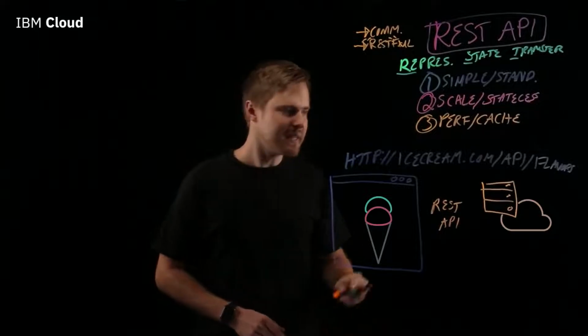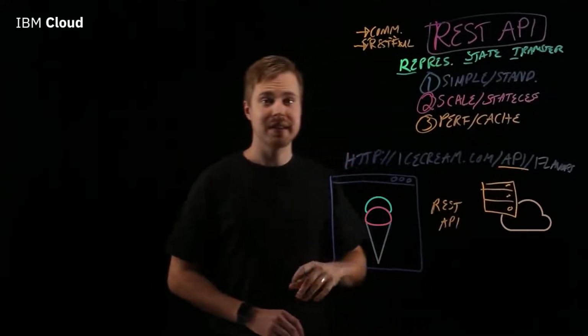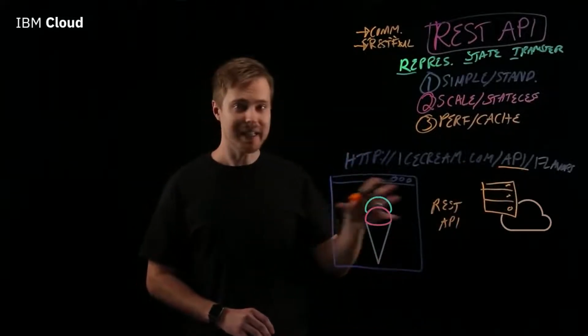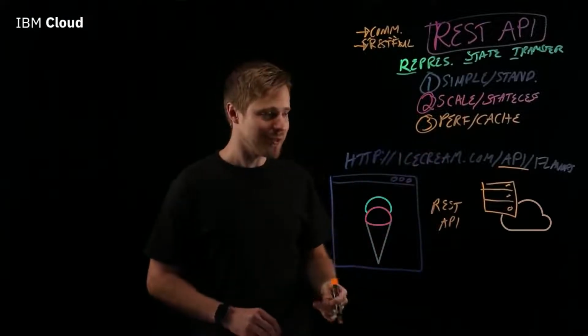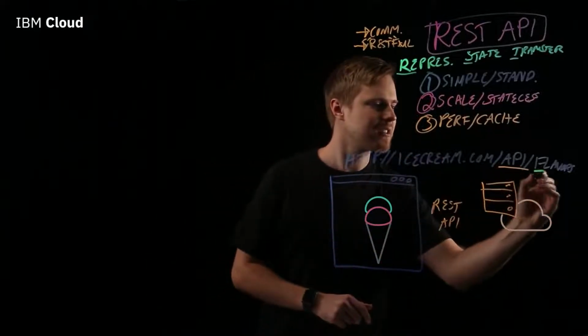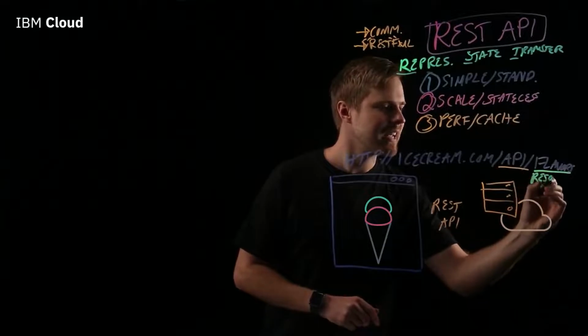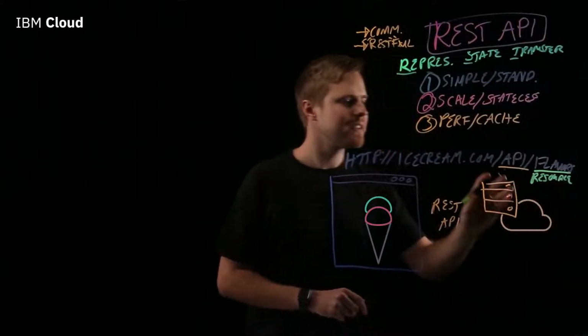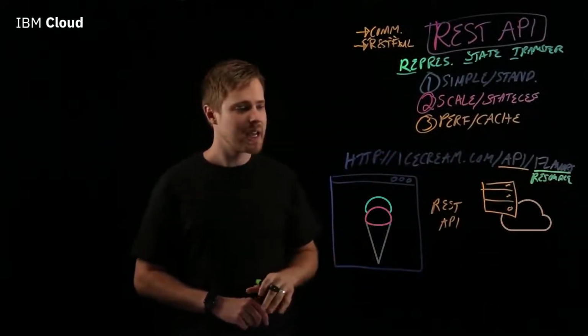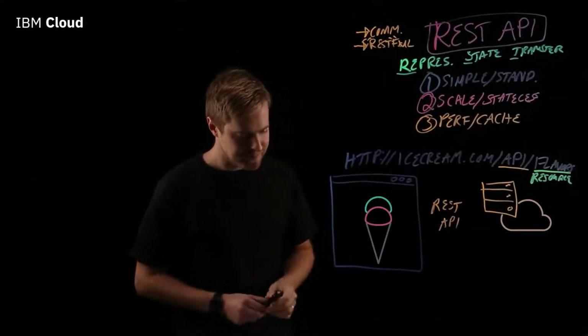So let's break that apart a bit. So API, this just signifies that this is the API portion of the endpoint. So pretty straightforward there. Flavors is actually what's known as a resource. So this signifies that we're working with the flavors resource in this REST API.